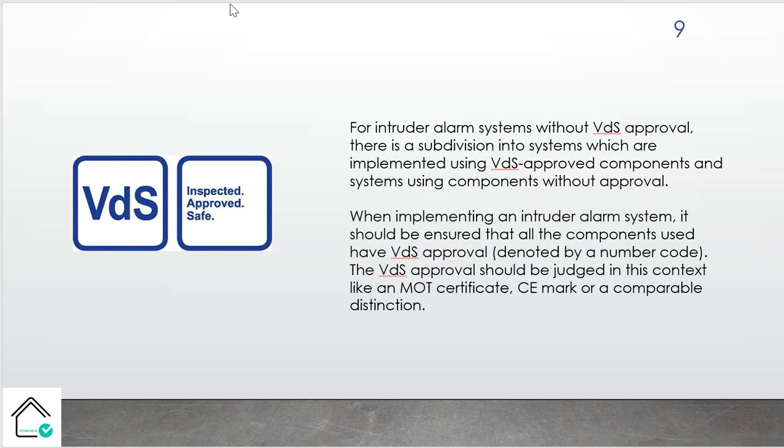The VdS approval should be judged in the context of something like an MOT certificate, CE mark, or comparable distinction. Of course, this is obligatory for Germany, and you should figure out in your country what is happening and what certification is needed for systems and for the components.